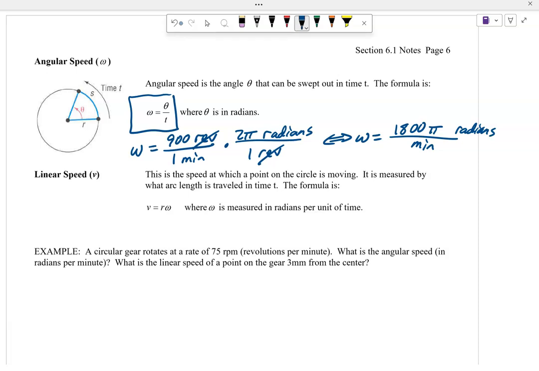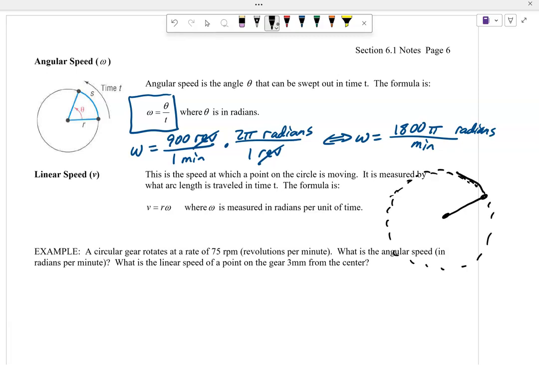Okay. Now, linear speed, on the other hand, is the speed at which a point on the circle is moving. Okay, so I like to think about a child spinning a rock on the end of a rope. So here's this rope, it's got the rock, and they're spinning it around, right?